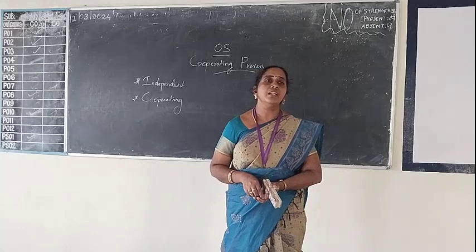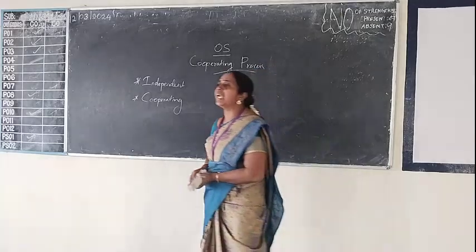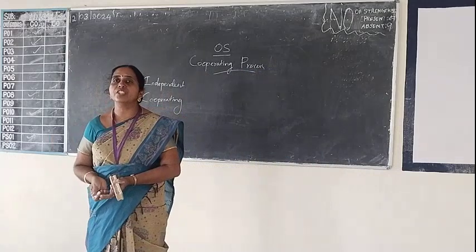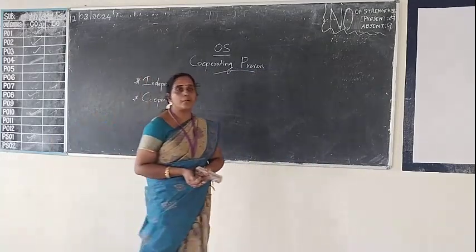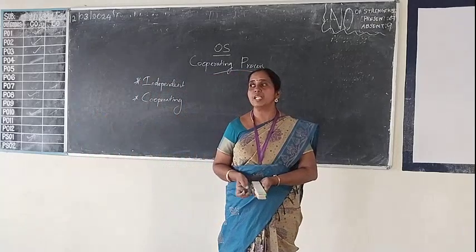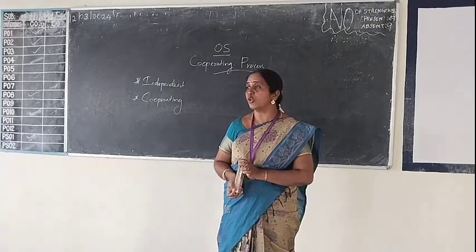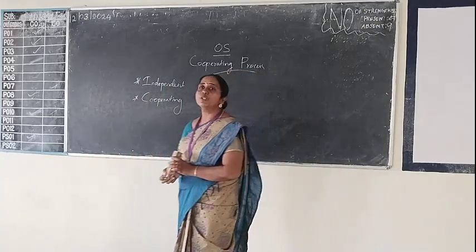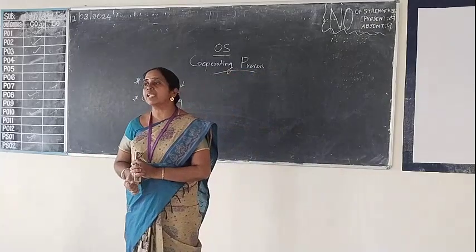For example, we can consider the compiler, a system software, as a producer which produces assembly level language as output, and this assembly level language can be consumed by the assembler. Next, the assembler produces machine level language as output.